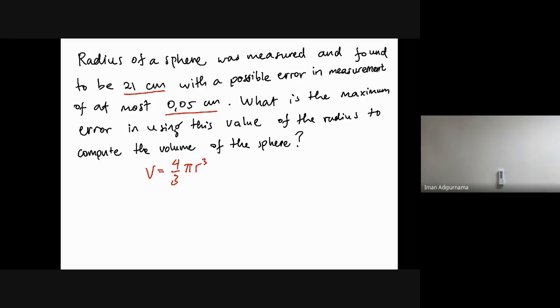You have a measurement, you have the volume of the sphere, and the information says the radius is already measured, it is 21 centimeters. But when you measure, it has an error of 0.05.